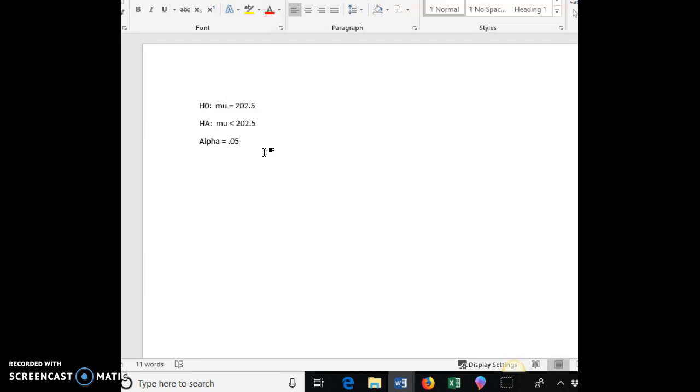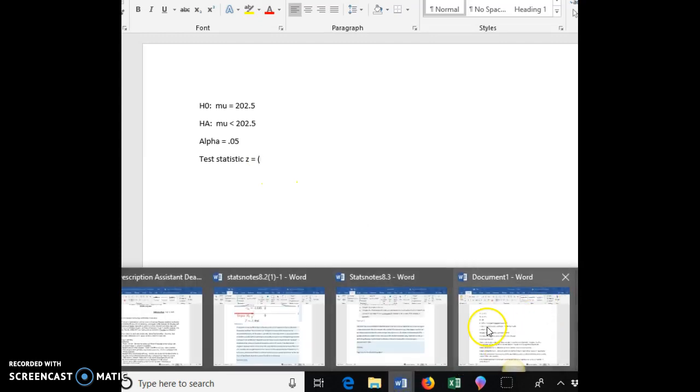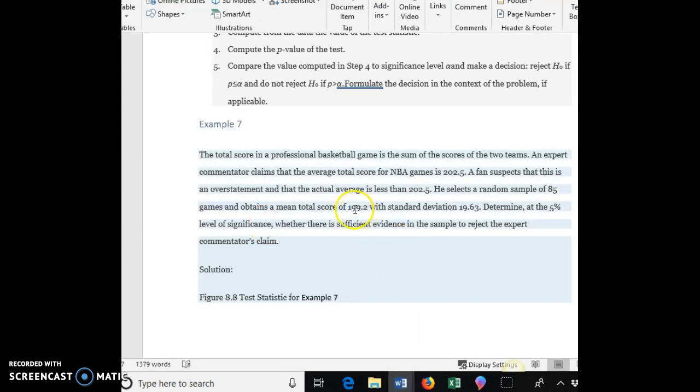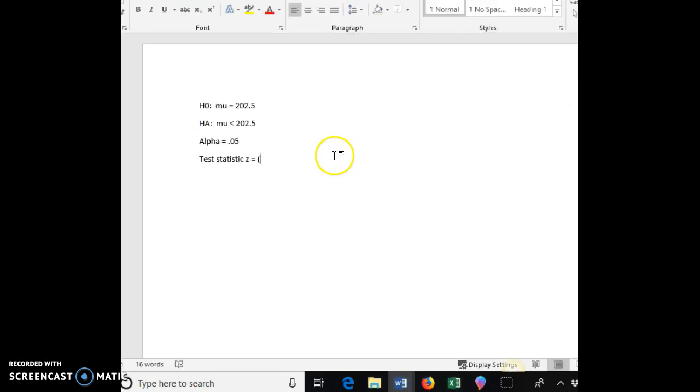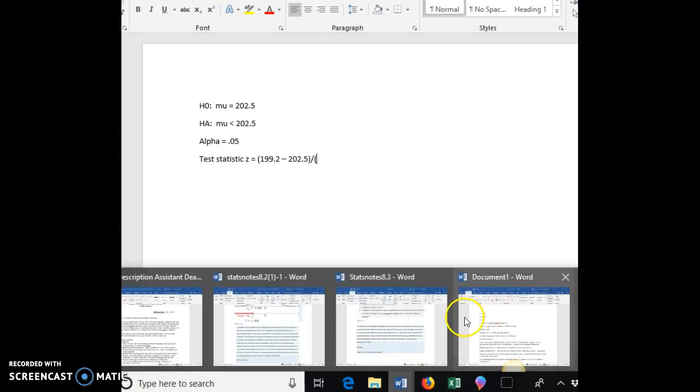Now, if we use the observed significance method, we're going to go straight to our test statistic. All right, so let's do that calculation. So we're going to have our sample mean, which was 199.2, minus the 202.5 we have in our null hypothesis, divided by our sample standard deviation divided by the square root of the sample size.